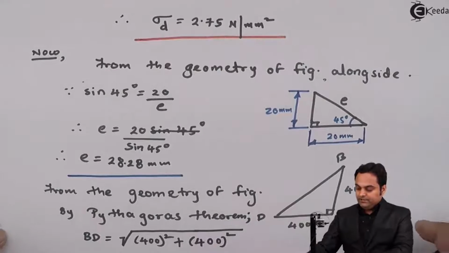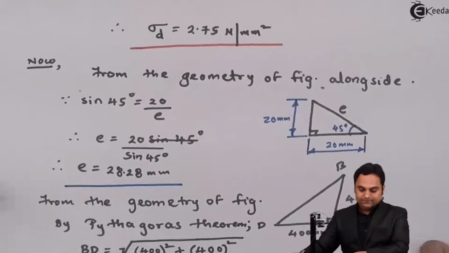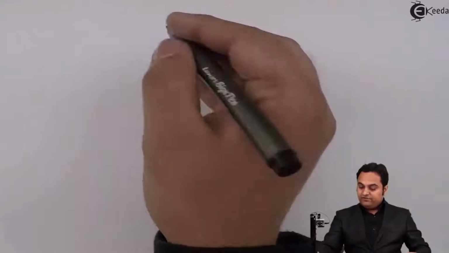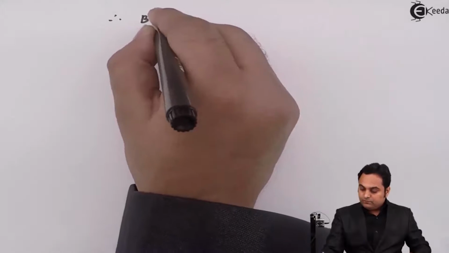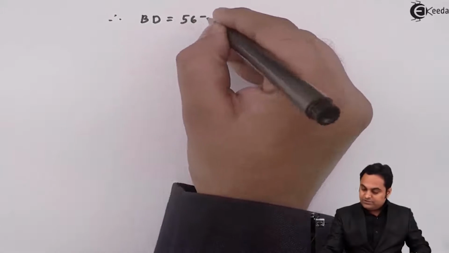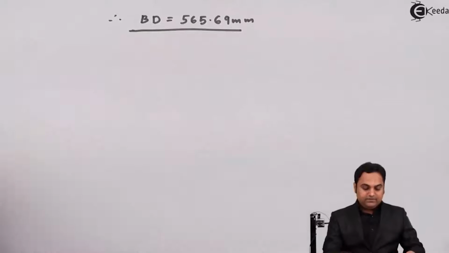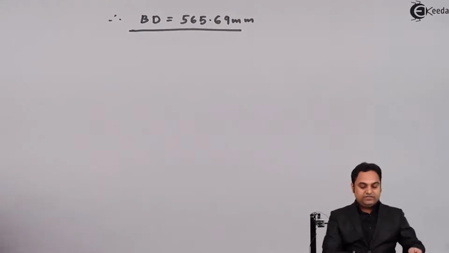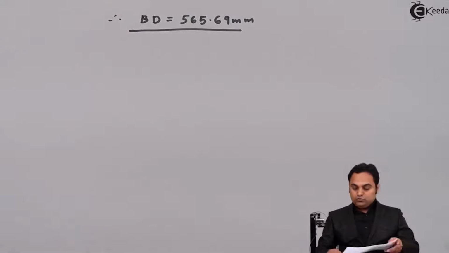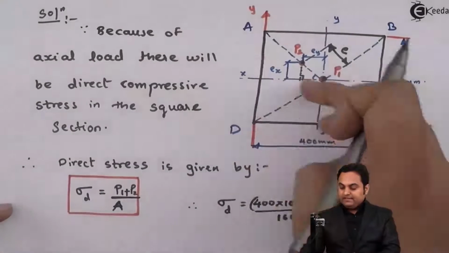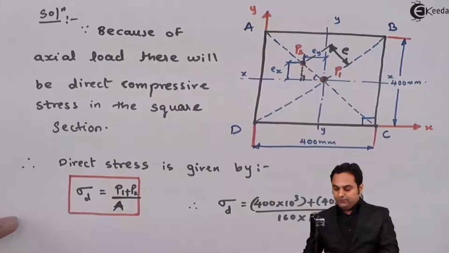So here I'll get my answer of BD. I'll write it here onto the next page. It is 565.69, and since it is a square section, BD and AC both will have the same value.